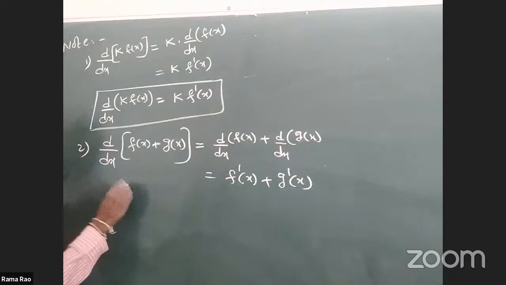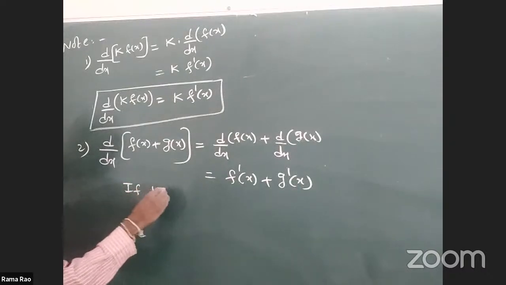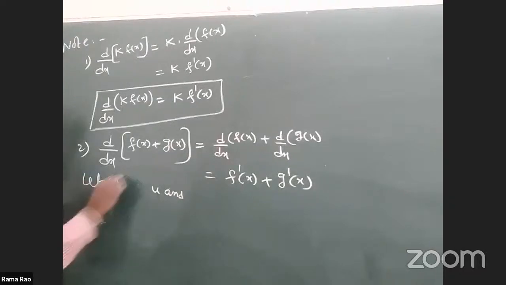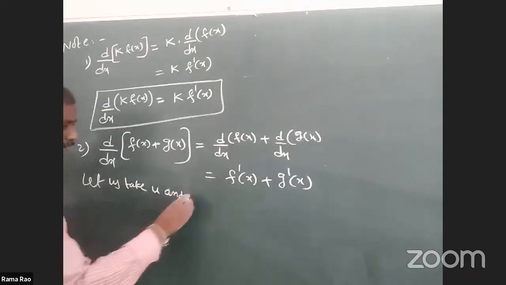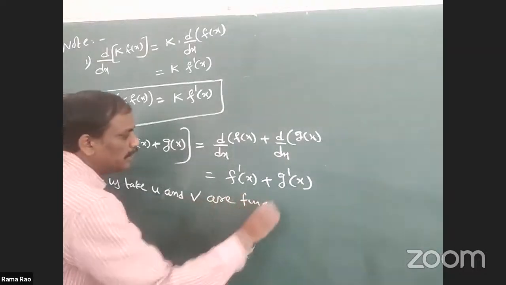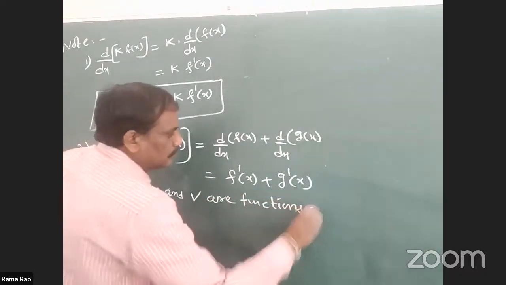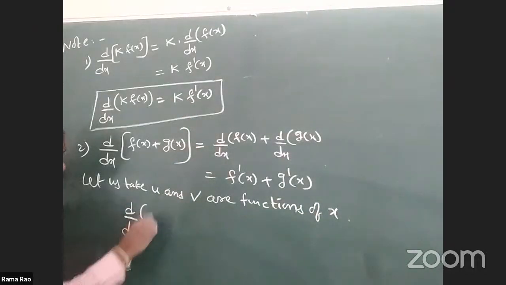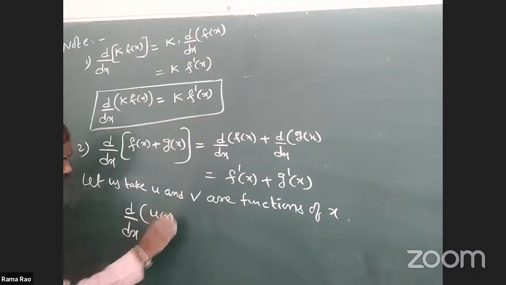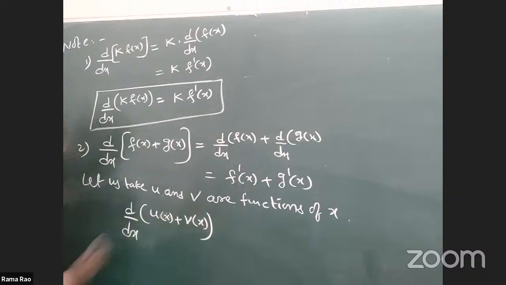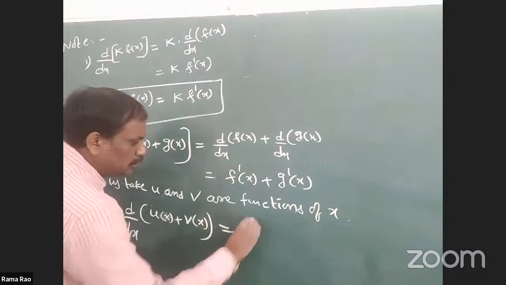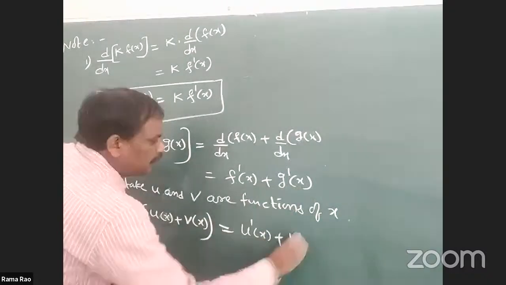Or also, let us say u and v are functions of x. Now d by dx of u plus v, where u is a function of x and v is also a function of x, is equal to u dash x plus v dash x.